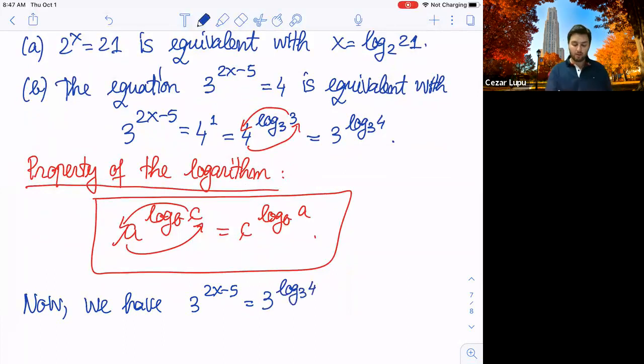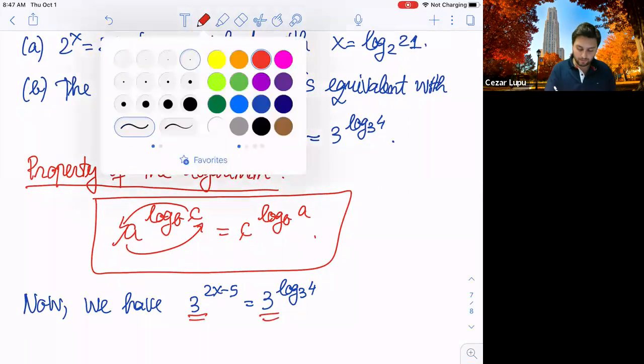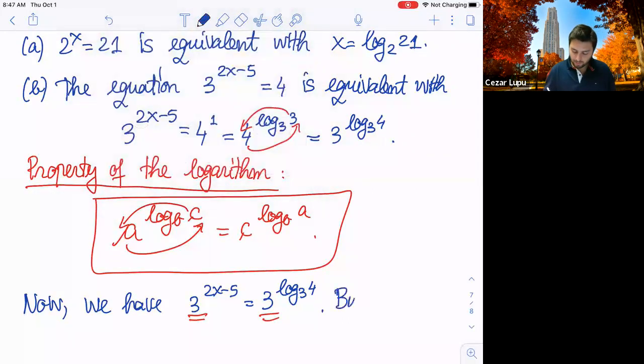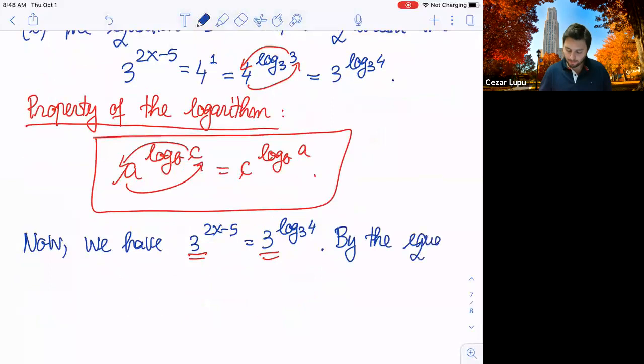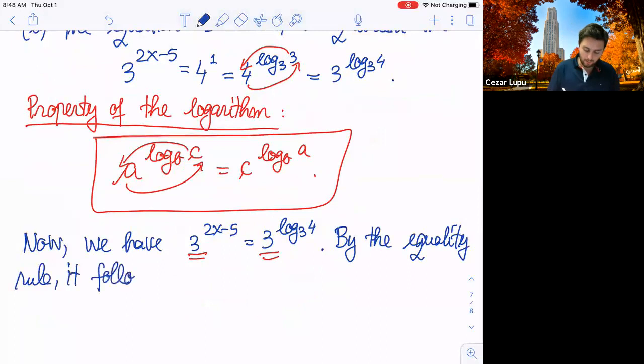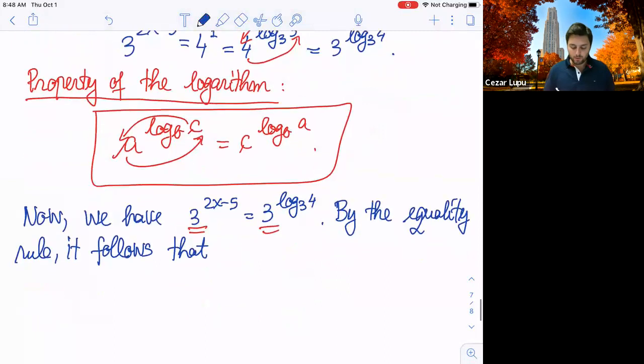As you can see now, the base is the same, 3 and 3. So by the equality rule, it follows that 2x minus 5 is equal with log in base 3 of 4.